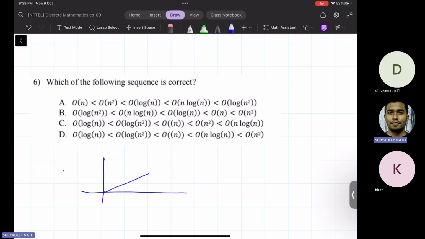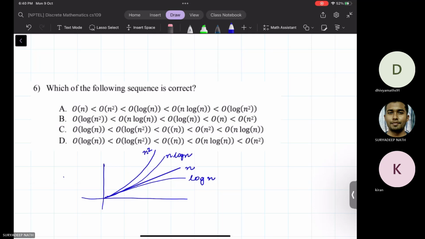So this is your n, log n, this is n log n, and this is n square. So n squared is the biggest term.